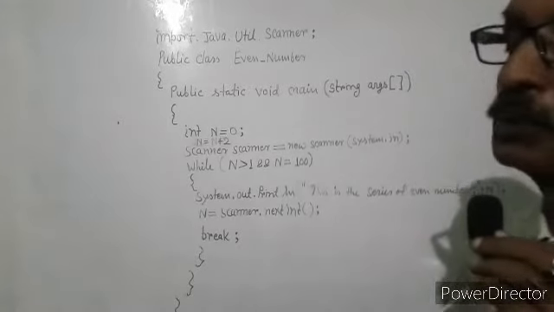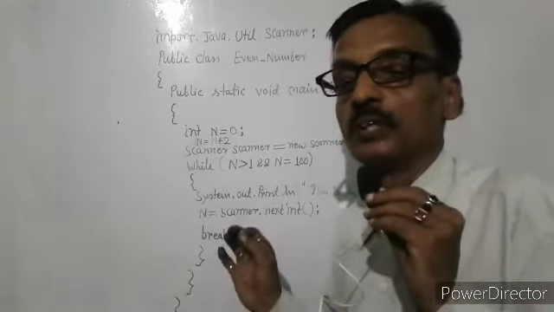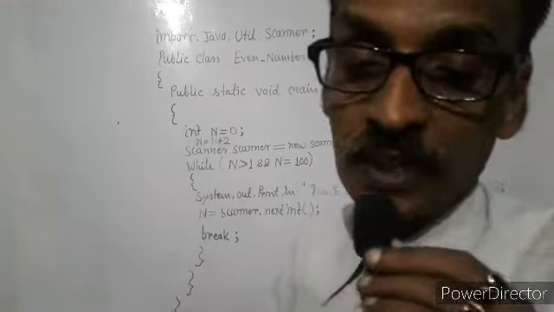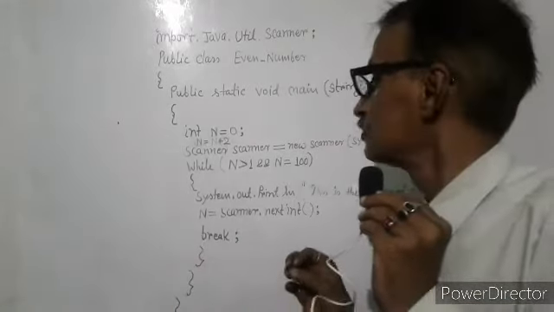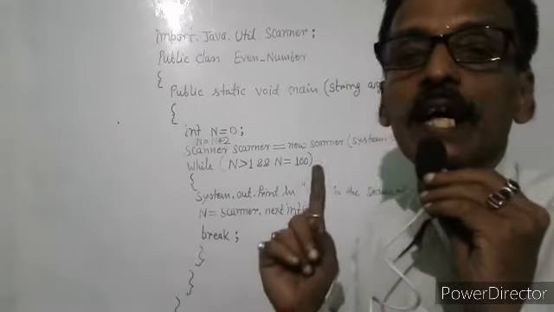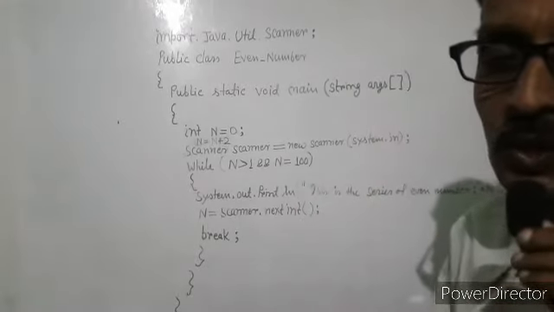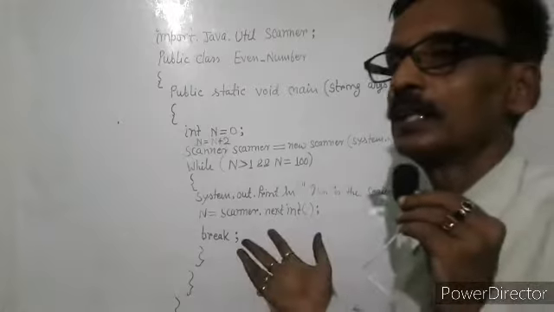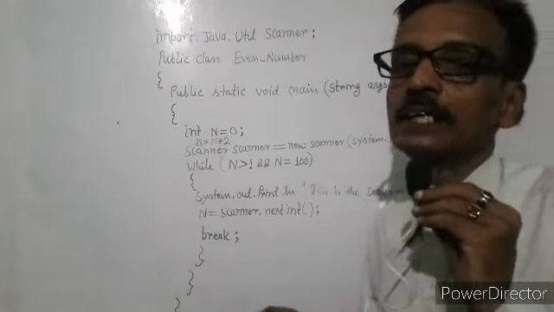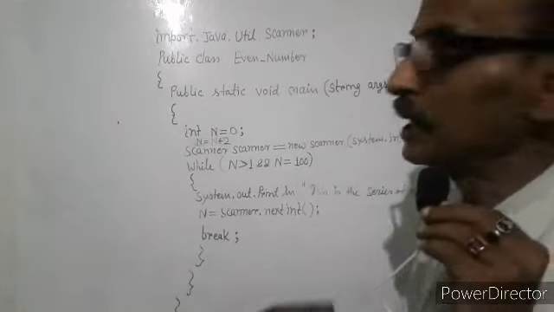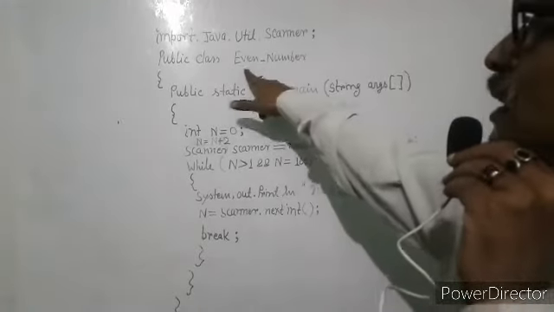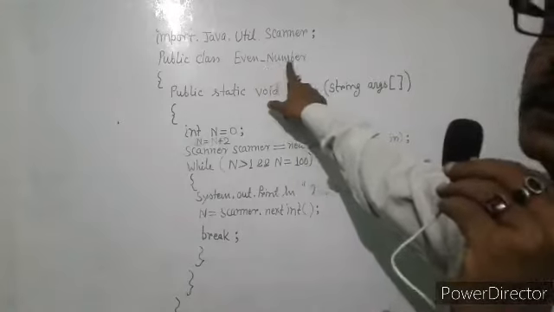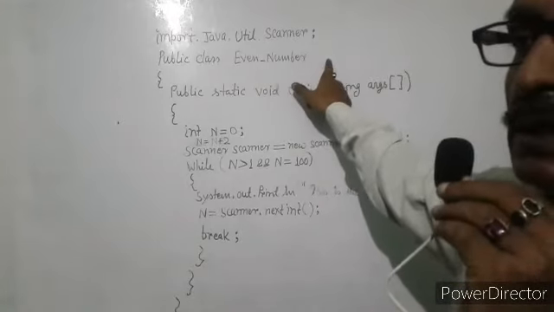So in this program we have made an error. So you should identify them and then save it with the name EvenNumber.java.